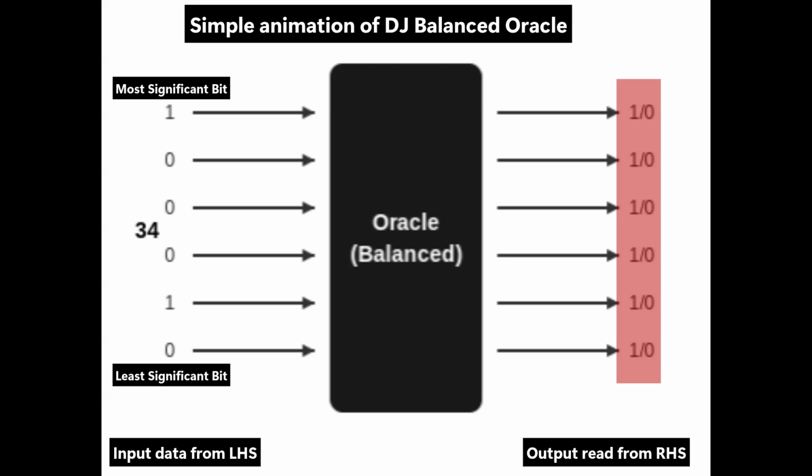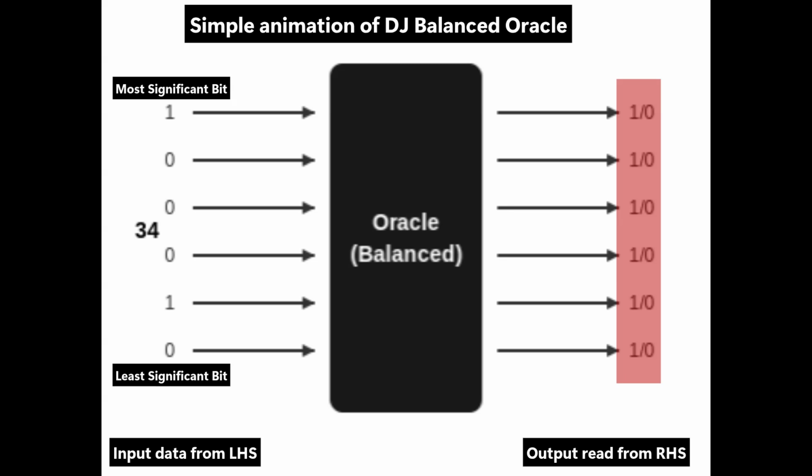Now let's deal with number 34. Recall 32 is the boundary; 34 is on the higher side of 32. That is, it falls between 32 and 64. So what is the balanced oracle supposed to return? It's supposed to return the opposite logic of what it did with the numbers below 32, that is, between 0 and 32.